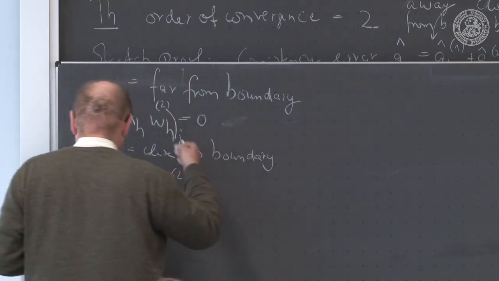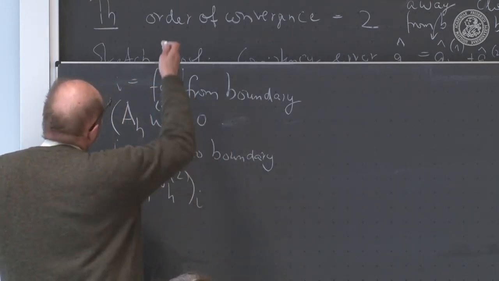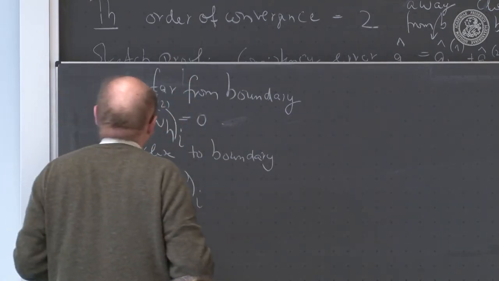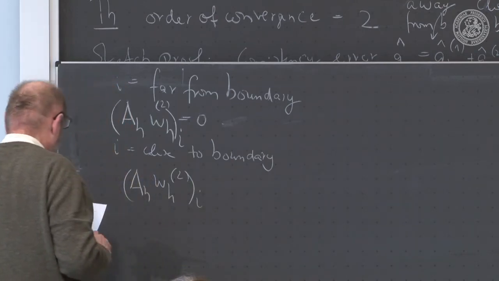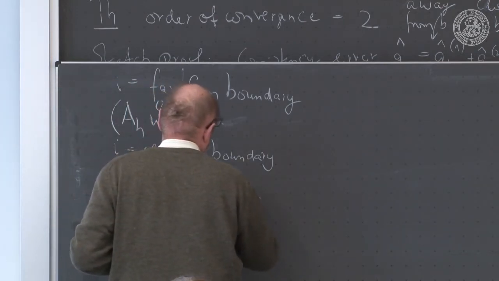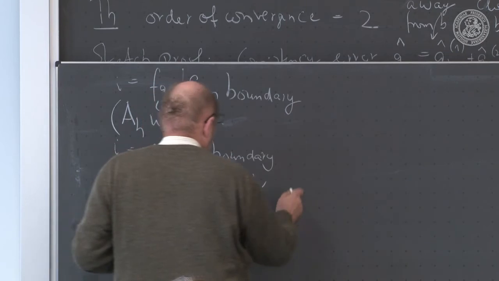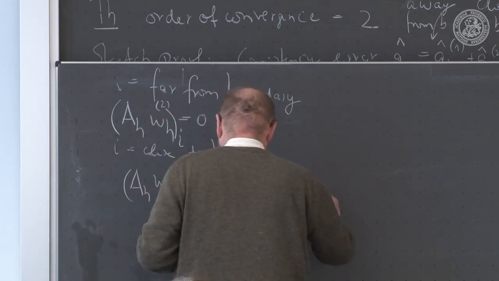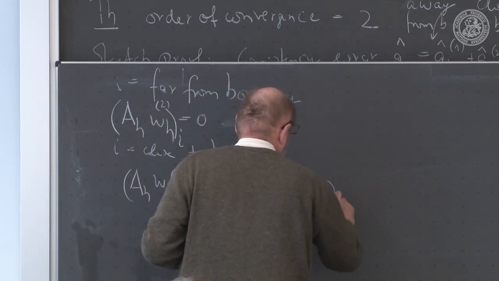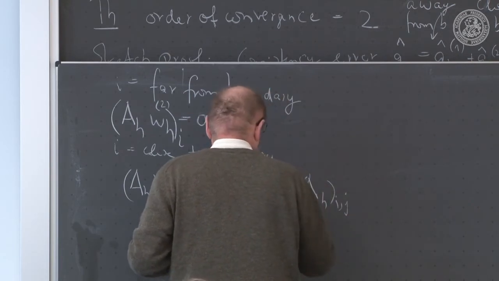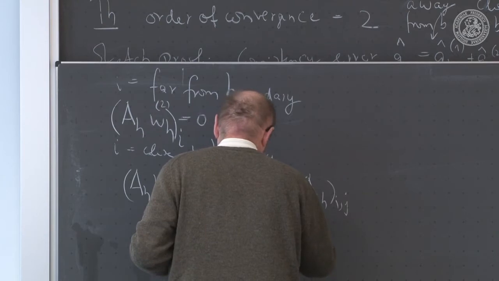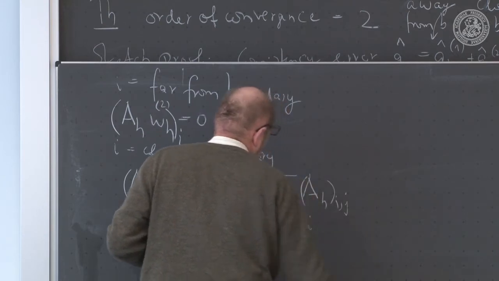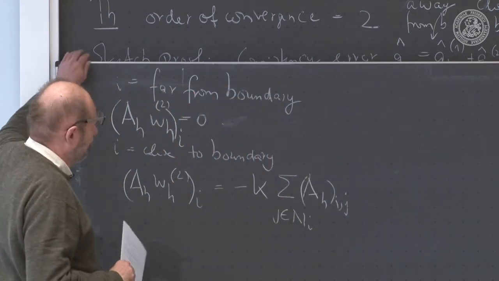And this can be between 1 and 3, and if it's too strange, the region, maybe even all the 4 neighboring points go into the boundary condition. So we have here something like minus k, and here we have then the entries. And here, so let's say, j from the neighboring set of this index I.